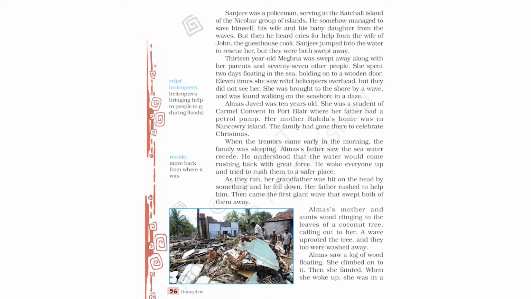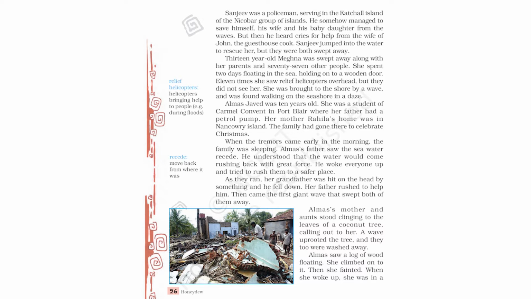Now you'll find more and more people who have died in the tsunami. Take your pencils now. Are you ready? Right. Start underlining all those who have died in the tsunami there. Good, begin from the top. You can find somebody like Sanjeev.